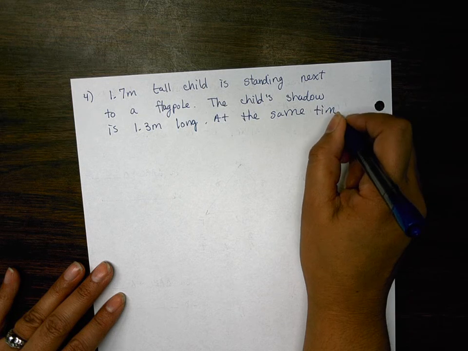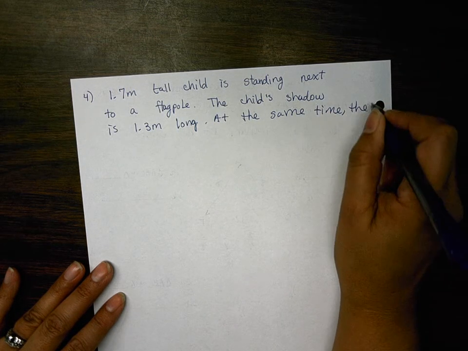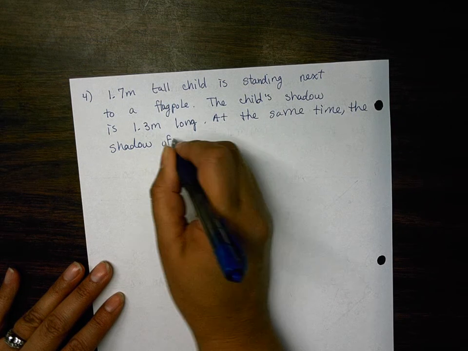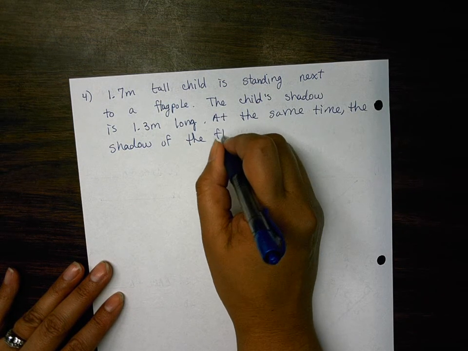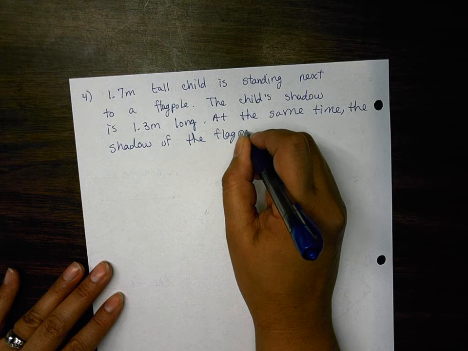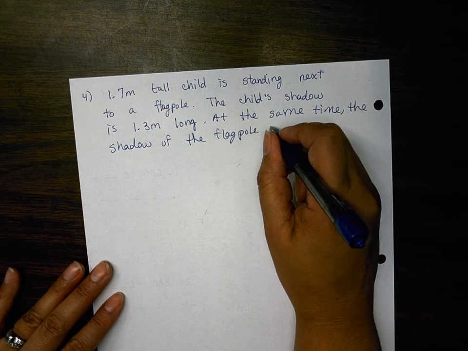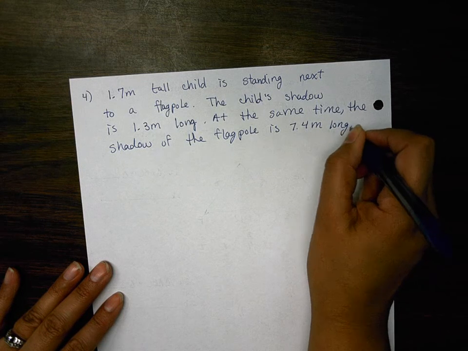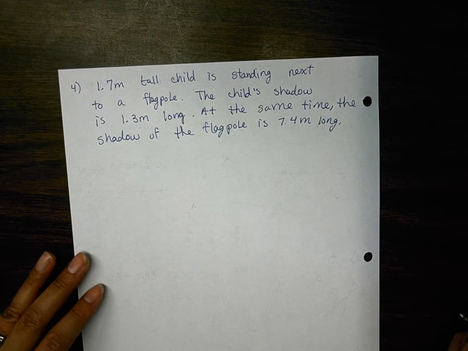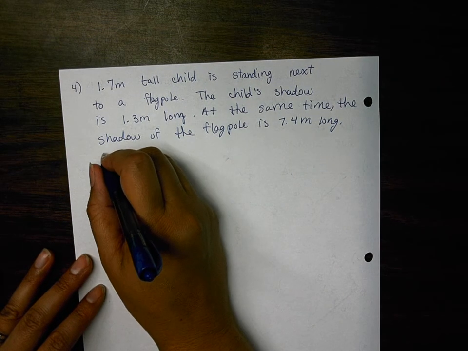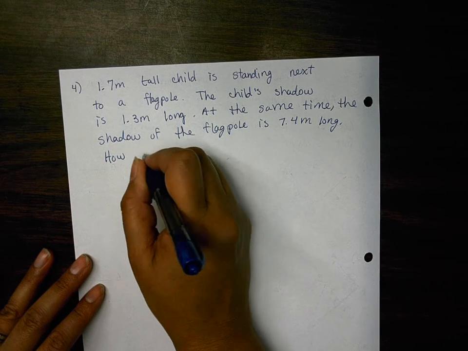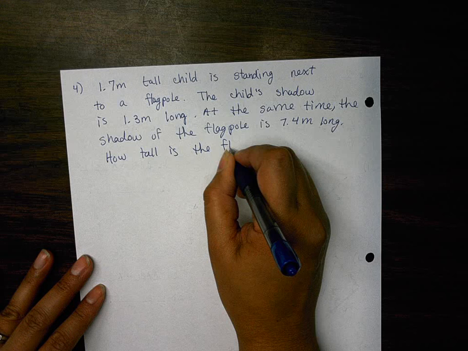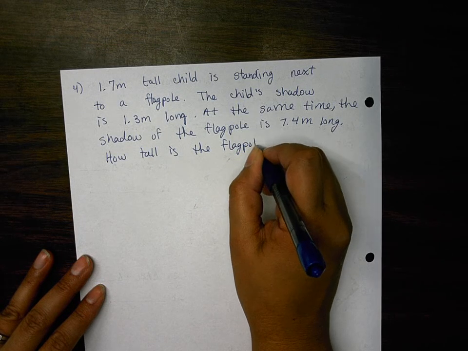At the same time, the shadow of the flagpole is 7.4 meters long. And now for the question. How tall is the flagpole?